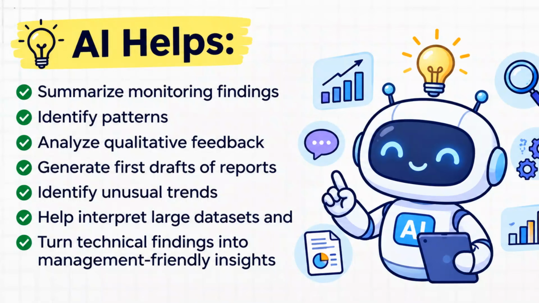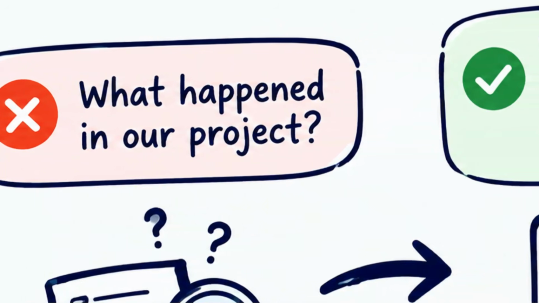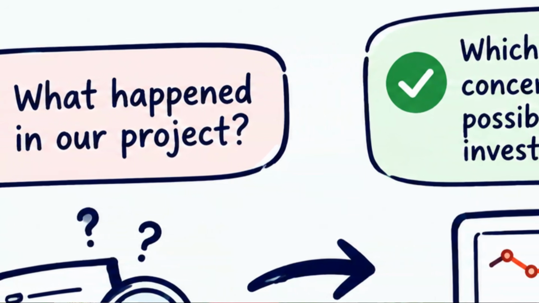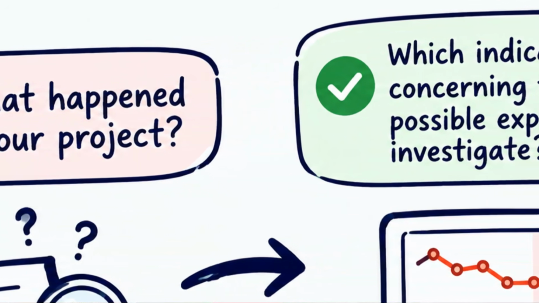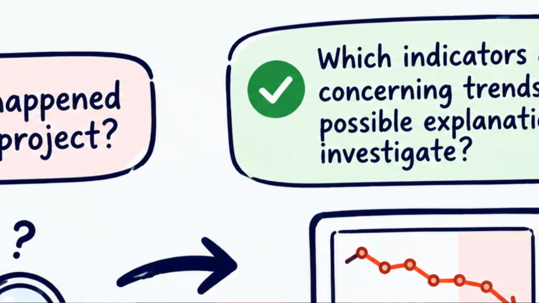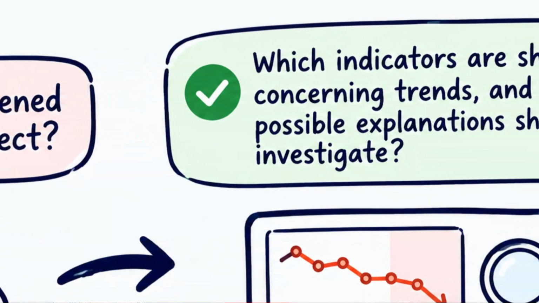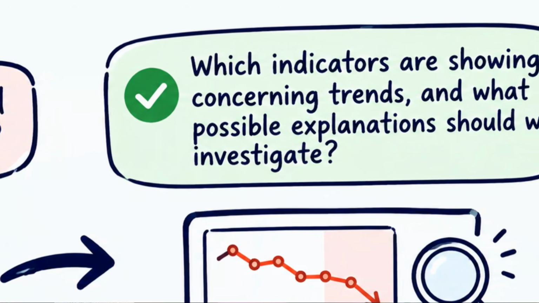We can use AI to help us summarize monitoring findings, identify patterns, analyze qualitative feedback, generate a first draft of the report, identify unusual trends, help interpret large datasets, and turn technical findings into management-friendly insights. For example, instead of asking what happened in our project, we can ask which indicators are showing concerning trends and what possible explanations we should investigate. That's a completely different way of thinking about monitoring and evaluation.